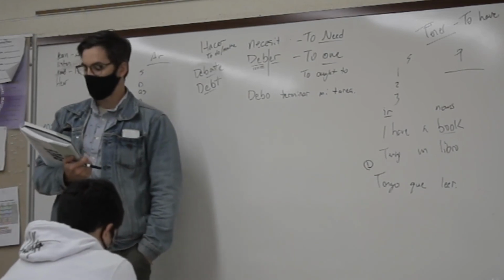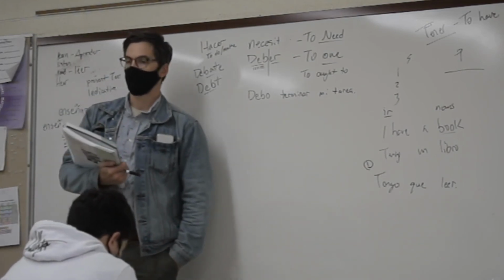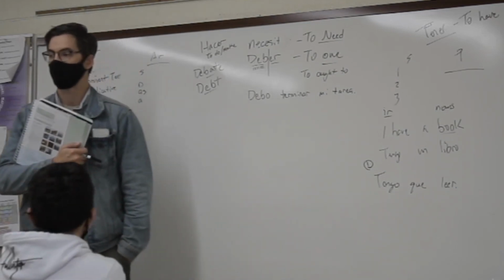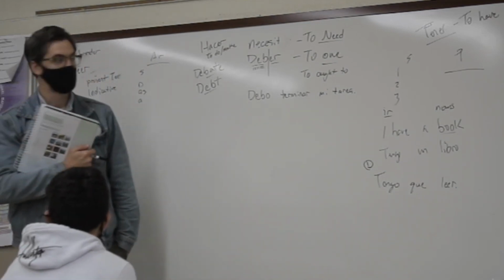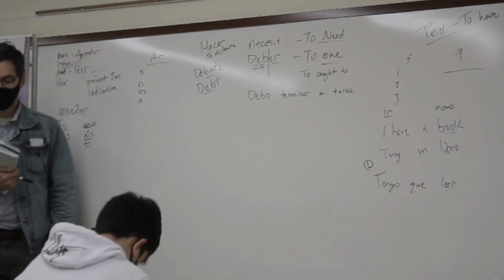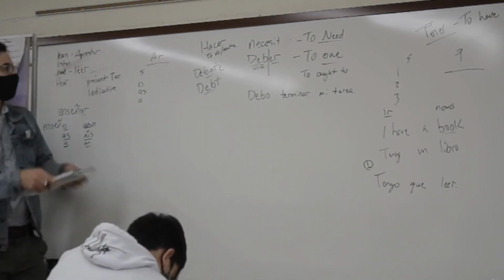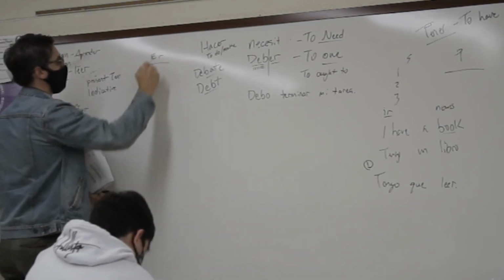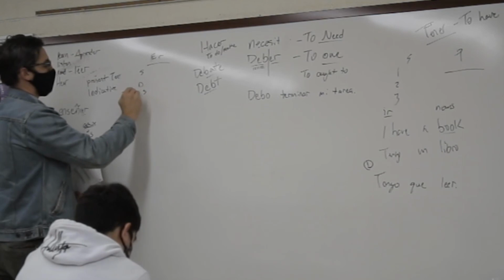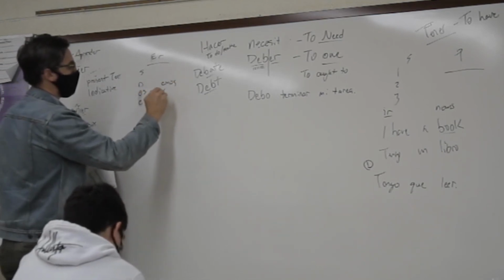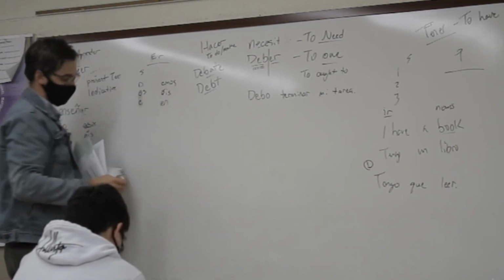And then los chicos, is los chicos singular or plural? Plural, right, because it's los and chicos, plural. So that means that the verb los chicos are doing is going to be plural. So we have ER, change this to ER: o, es, e, emos, en.